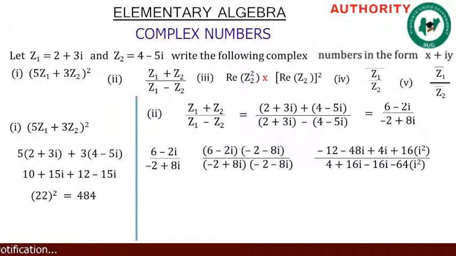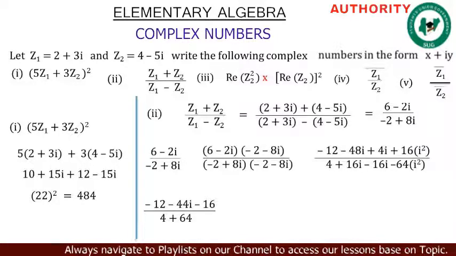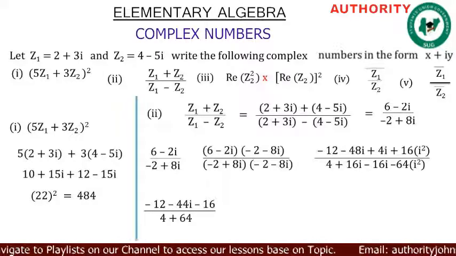In the numerator, minus 48i plus 4i gives us minus 44i. Then we have plus 16i squared. i squared is the same as minus 1, so minus 1 times plus 16 gives us minus 16. So in the numerator we have minus 12 minus 44i minus 16.